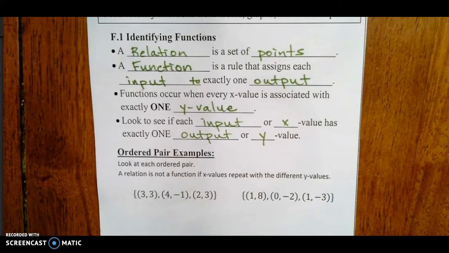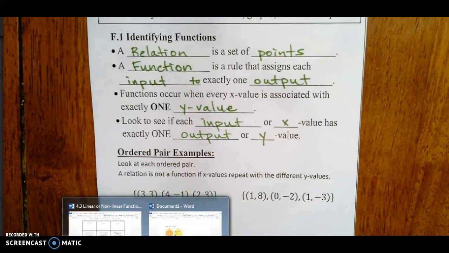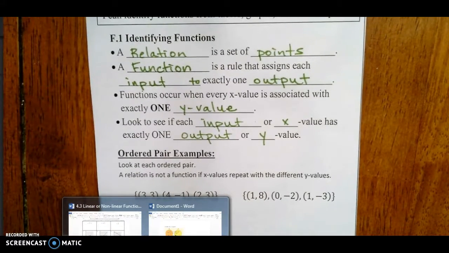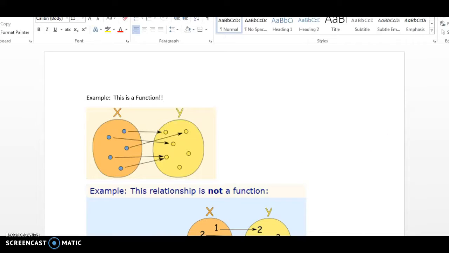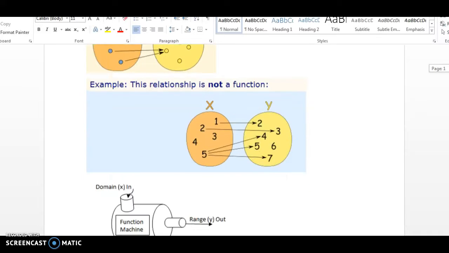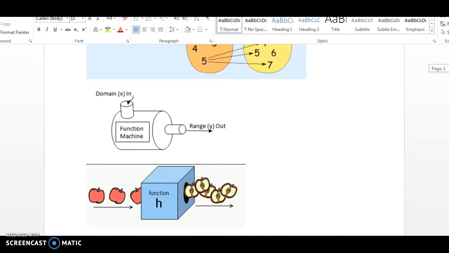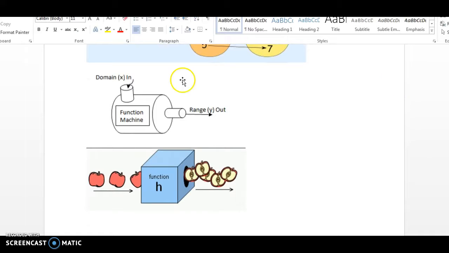To give you some examples of what this might look like, you could think of something as simple as a machine. Some people say a toaster is a good example of a function. I didn't find an image of a toaster, but in this example, we have apples going into this machine, and what's coming out of this function is that the apples get sliced up.